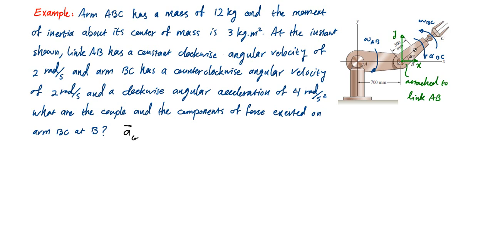acceleration of point G, which is the center of gravity, is equal to AB, acceleration of the origin of the local coordinate frame, plus a relative, plus alpha cross R plus 2 omega cross V relative plus omega cross omega cross R. All right.